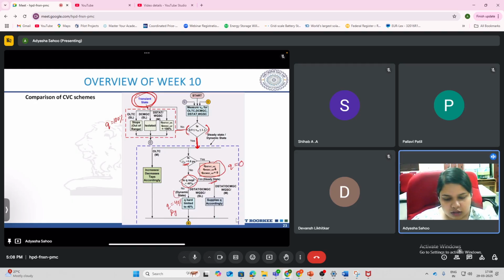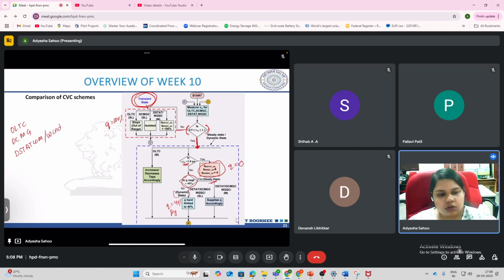Now, in the transient state, the steady state and the dynamic state, the master and slave function is for a role of the three resources that we're using. That is your OLTC, that is your DC microgrid, and your STATCOM, that is your D-STATCOM or your wind.